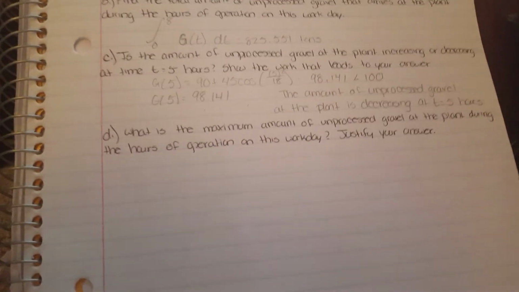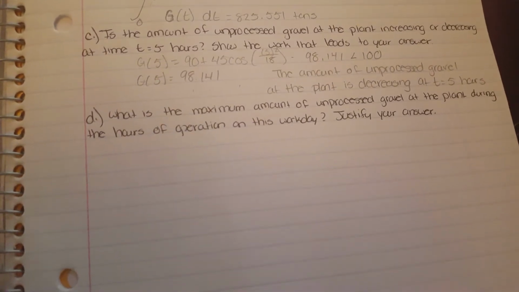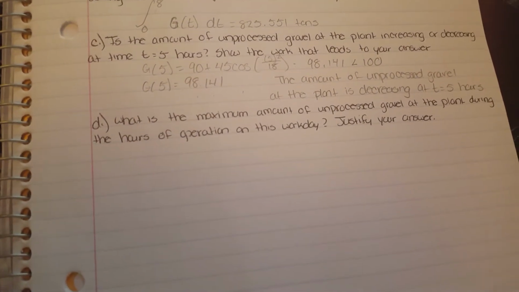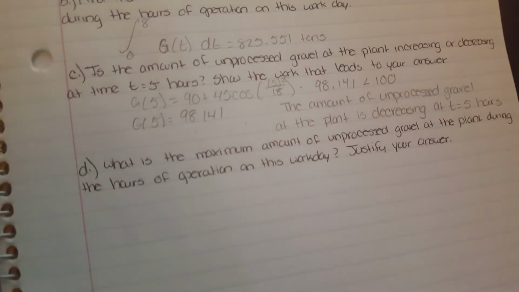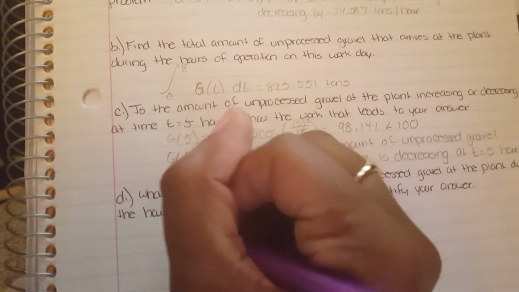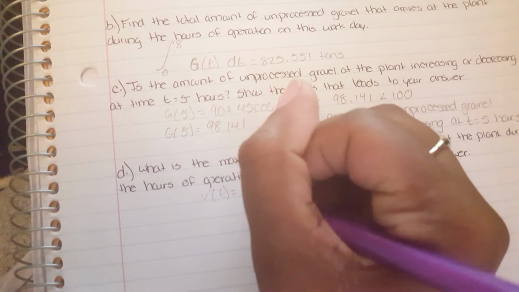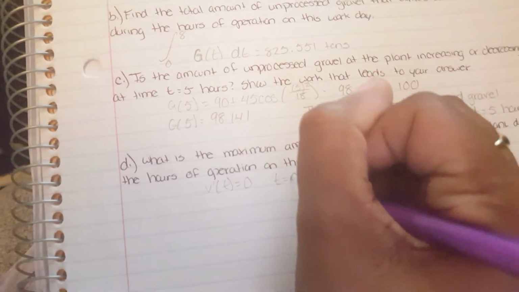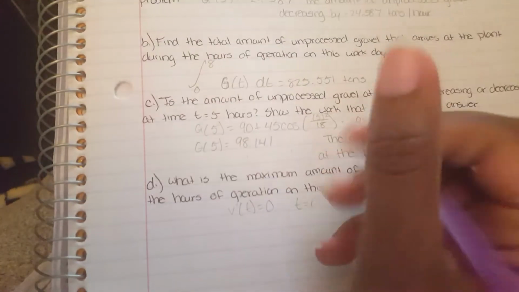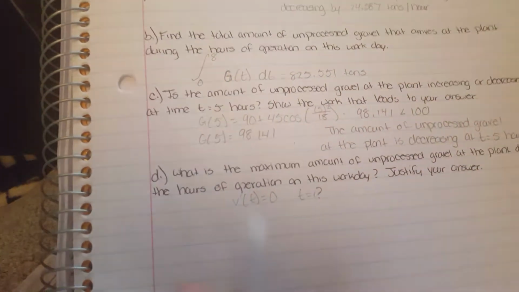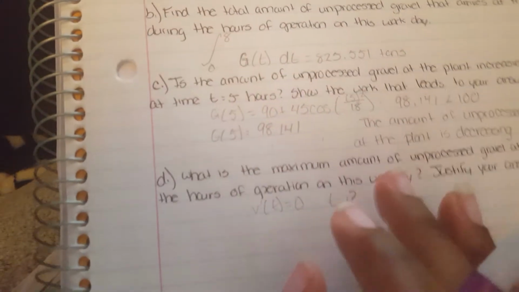So part D: what is the maximum amount of unprocessed gravel at the plant during the hours of operation on this workday? Justify your answer. So V prime of t. We're going to have to find what t equals in order for V prime of t to equal 0.